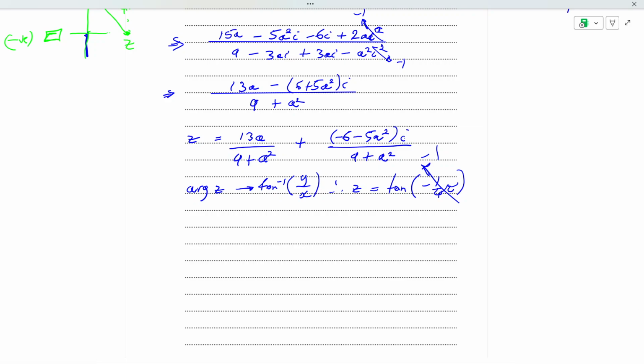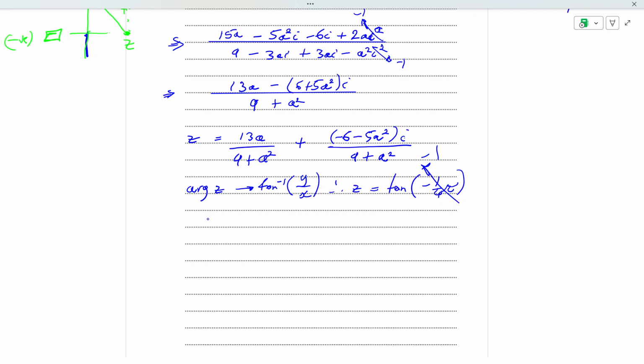Okay. So now we can see y over x, because remember, to get the quarter we said y over x.